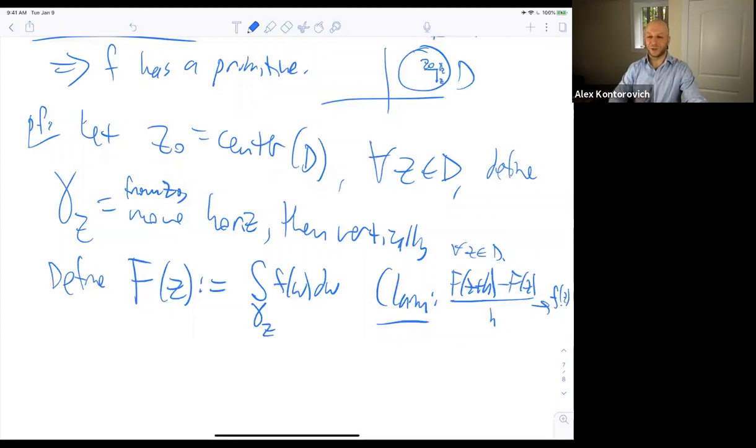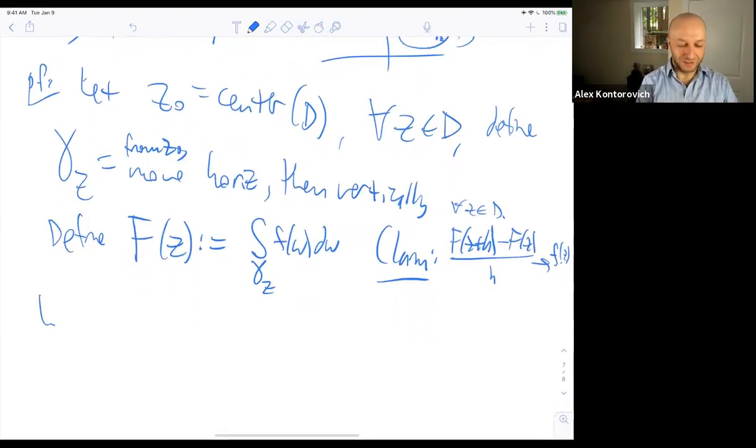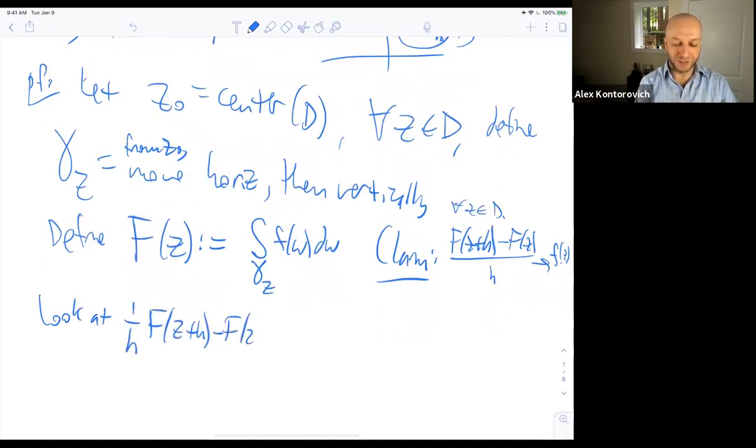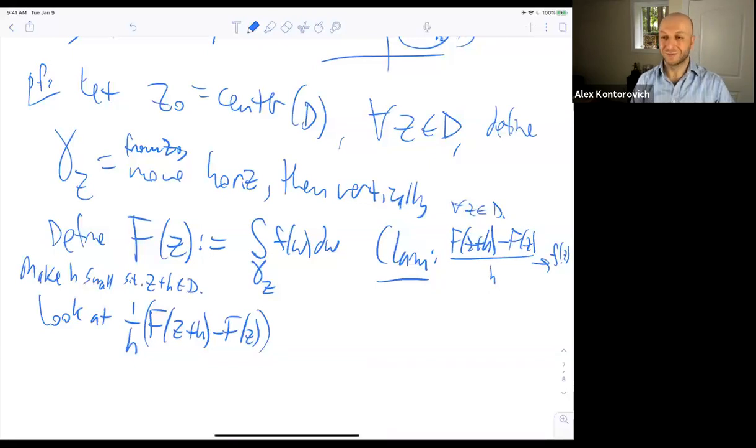That's what it means to be differentiable. That's what it means to be holomorphic. Let's see how we can prove it. So let's look at 1 over h times F of z plus h minus F of z. Let's make h small so that z plus h is also in the disk, of course.